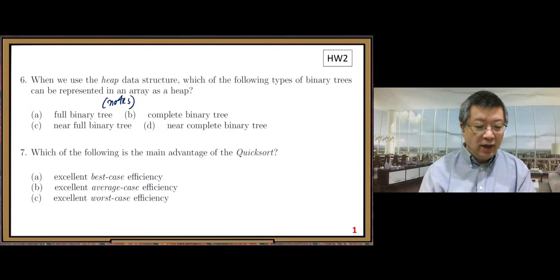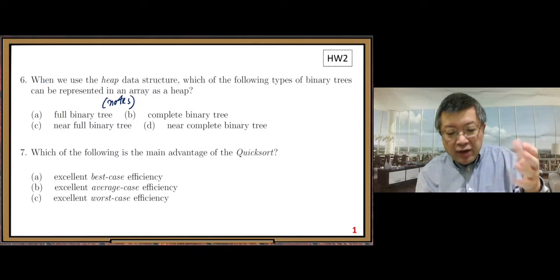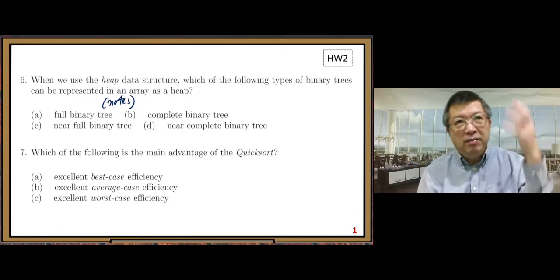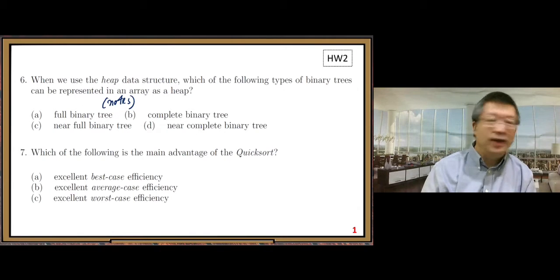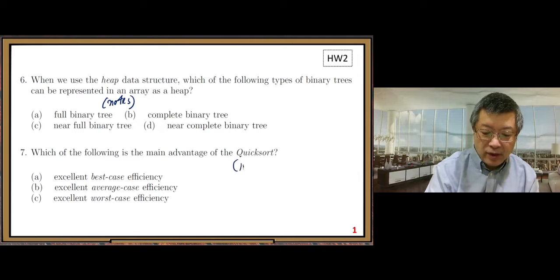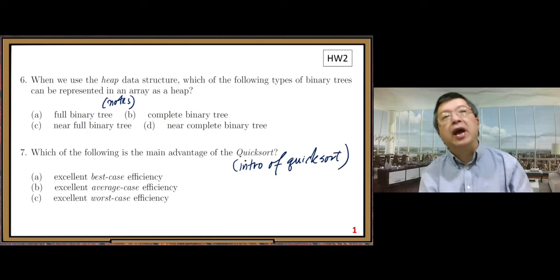All right, so number 7, which of the following is the main advantage of the quicksort? Main advantage of the quicksort. Best case, worst case, average case, right? Here in the introduction part, I talk about that. Introduction of the quicksort. Think about why we need to develop another sorting algorithm.